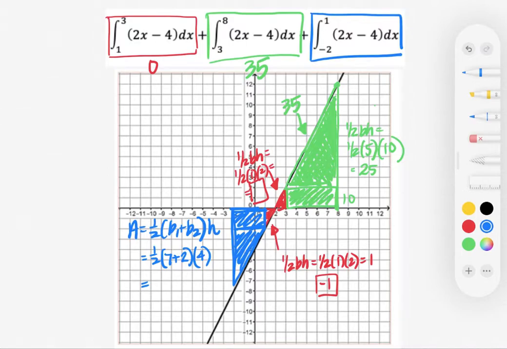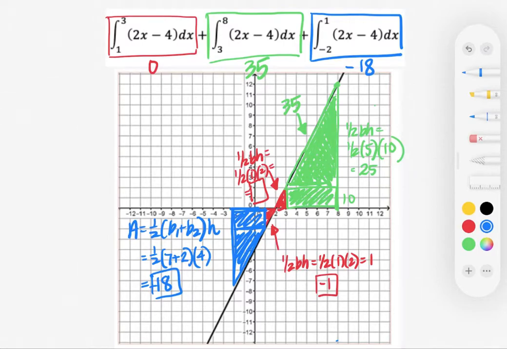So this becomes 7 plus 2 is 9. 9 times 4 is 36. Cut that in half. I believe that's 18 square units right there. So 18. But here's the main idea. Because this is below the x-axis, it is not a positive 18. It is a negative 18.